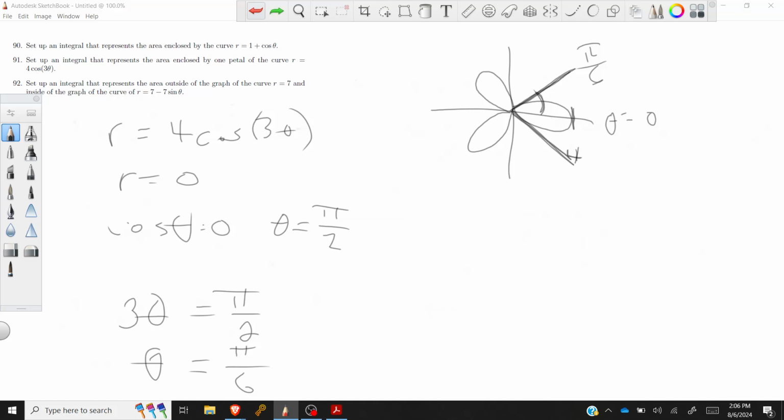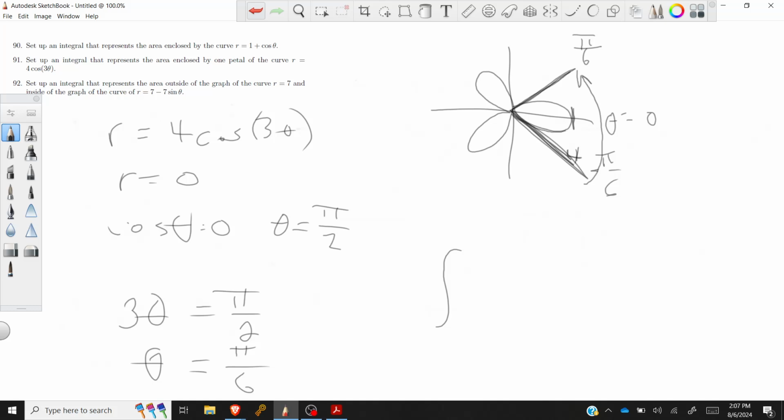Next we want this angle. This shape here is symmetrical, so we're going to have pi over 6 up here, and this is just going to be negative pi over 6. If we use the method that I explained on the last problem, where our lower bound is our starting point and our upper bound is our end point, it's clear that we start at this angle and sweep over this way.